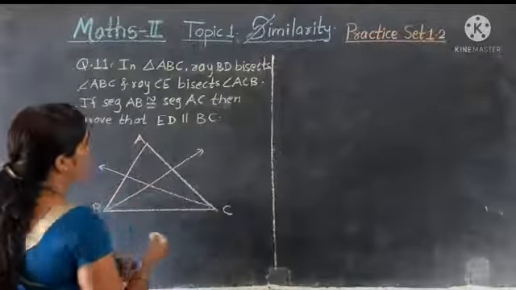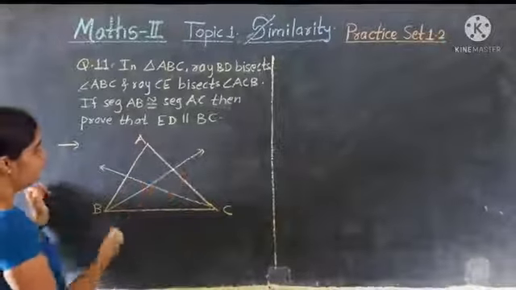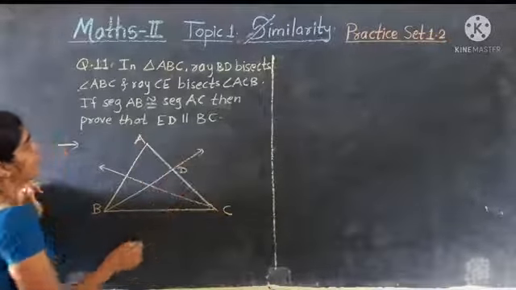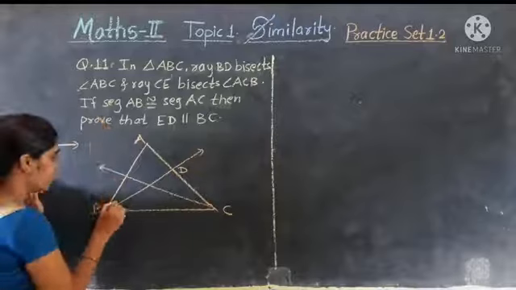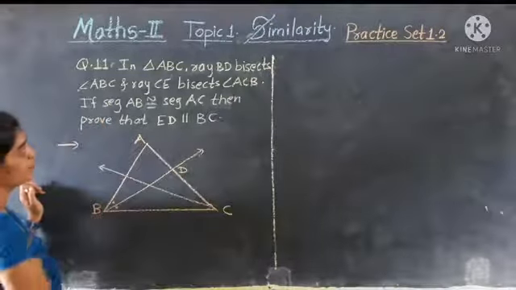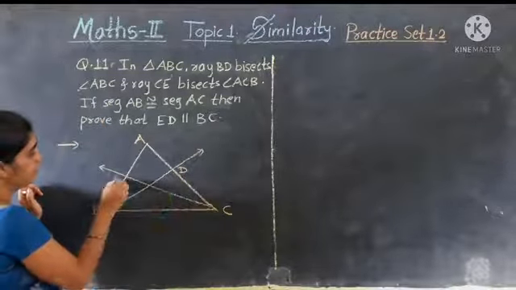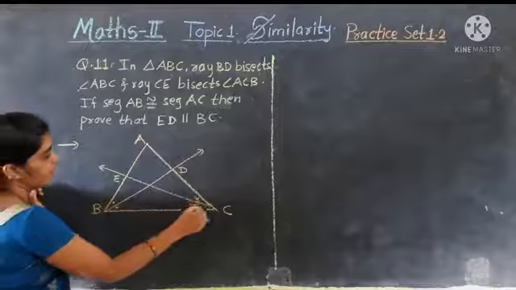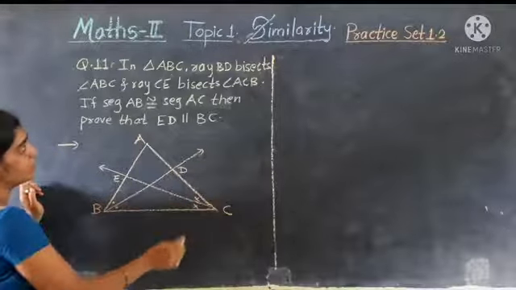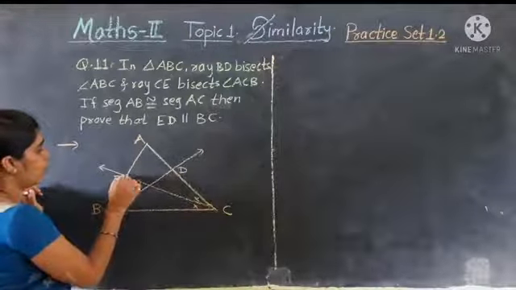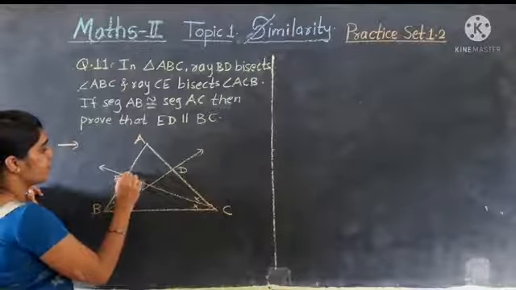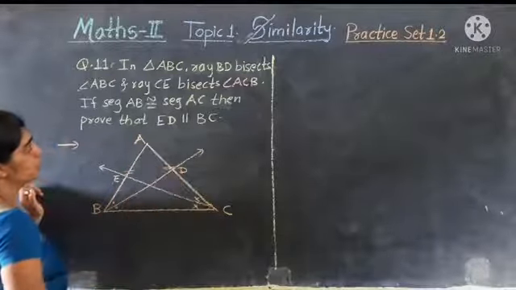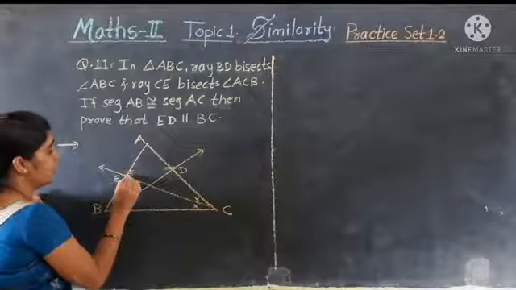First, draw the figure. Draw triangle ABC. Ray BD bisects angle ABC, so these two angles are the same. Similarly, ray CE bisects angle ACB, so these two angles are the same. And it is given that AB is congruent to AC. Join ED.